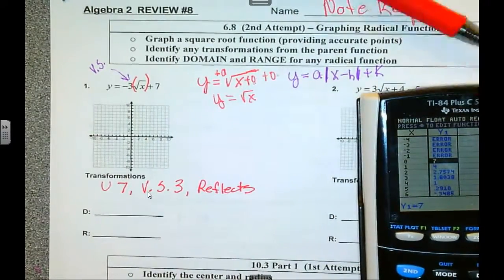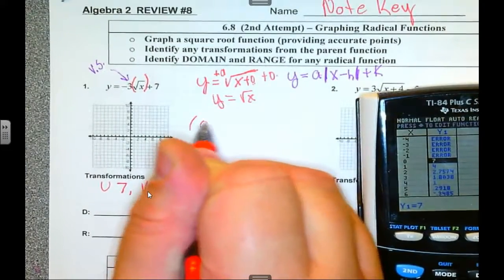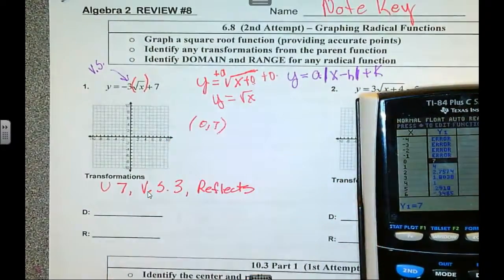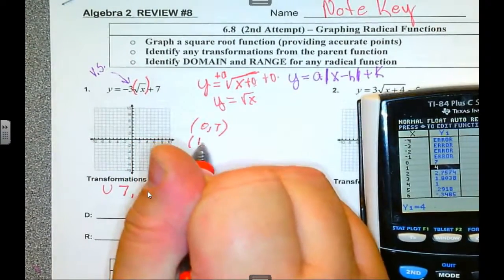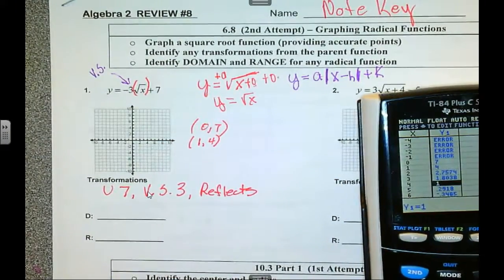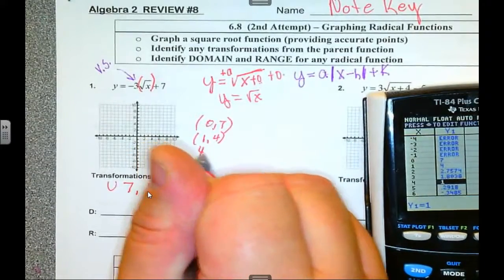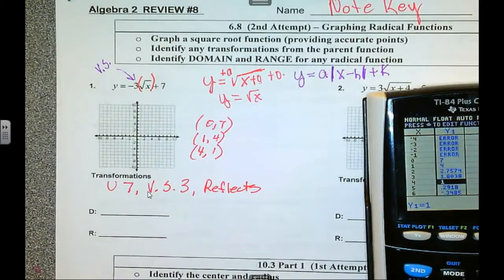I've got, it starts at 0, 7. Here's a good point, 1, 4. That's where it starts. And then 4, 1 looks like another good point. I think that might be enough.